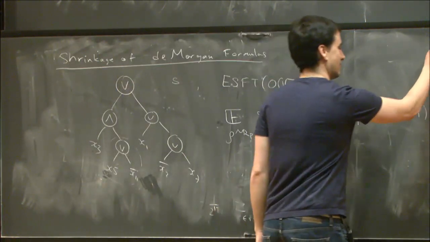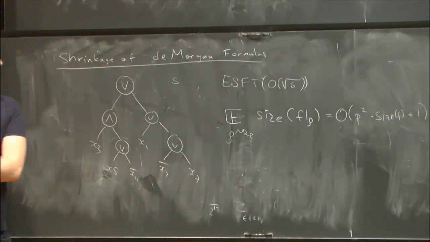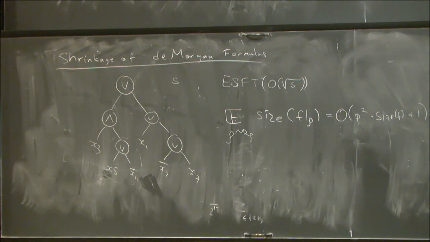Maybe you should mention that this is the first time random restrictions were used, in the 1960s in Russia, by Subbotovskaya, who used this idea to prove the lower bound of n to the 3 halves on the De Morgan formula size for parity. And what she got is p to the 3 halves instead of 2, which is very simple. This was long before random restrictions appeared for AC0 and so on.